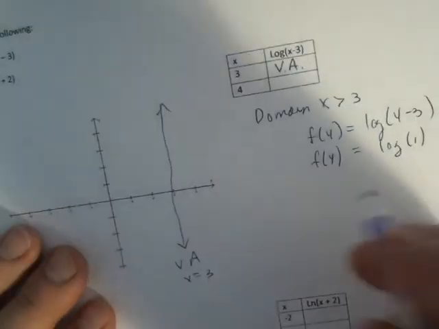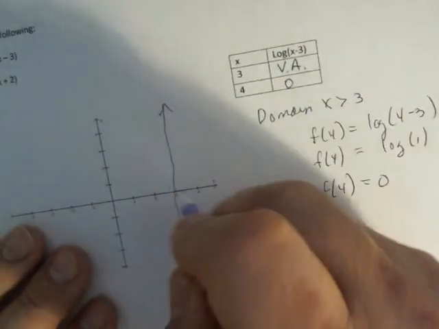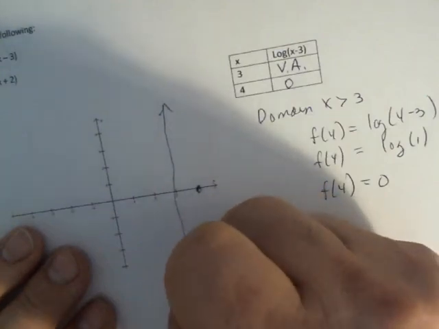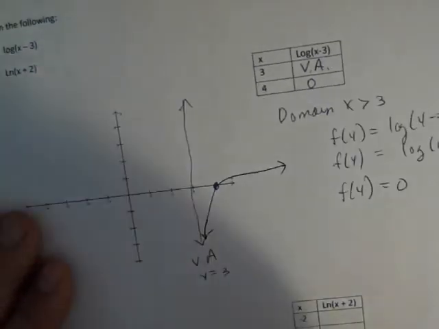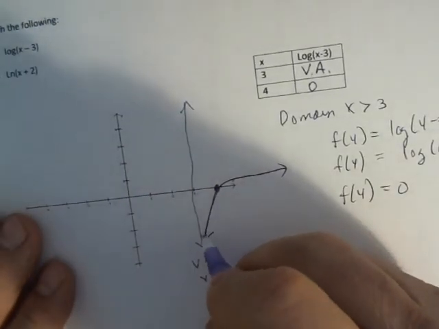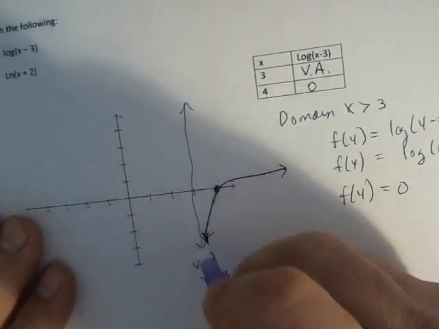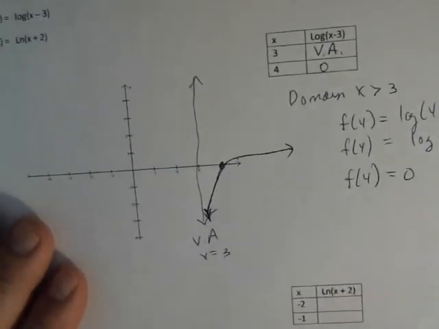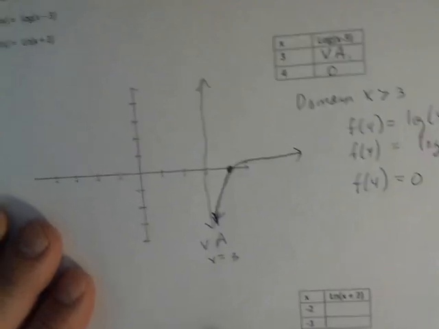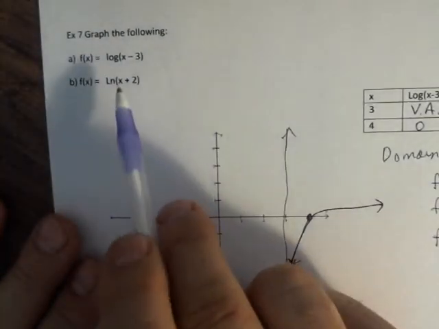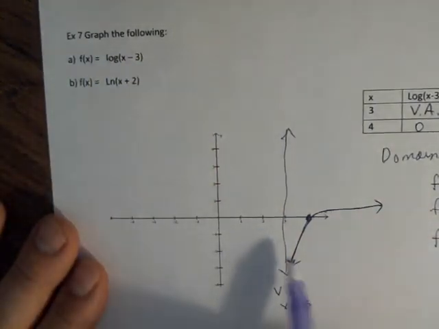Put log 1 into your calculator, and you get 0. So I plot it, and then I draw it, knowing that my graph does not cross over the vertical asymptote. You can also look at this as a horizontal shift right 3 units, and that's what we did.